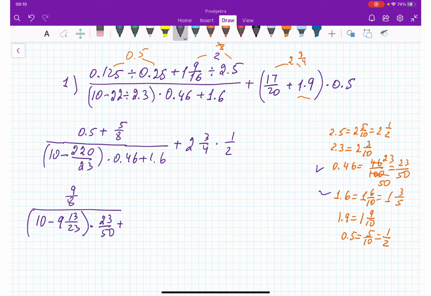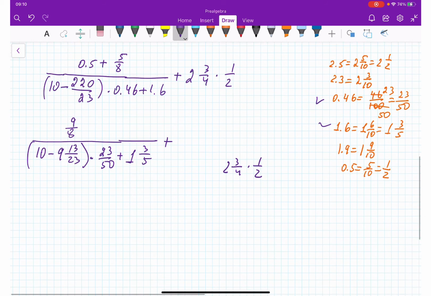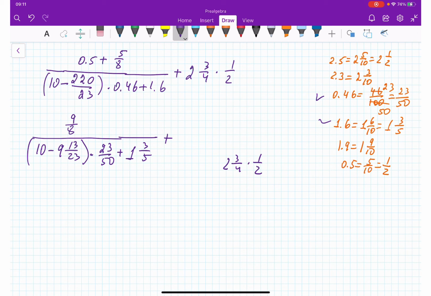It's here, 1 and 3/5. Okay, plus, well, we can multiply 2 and 3/4 times 1/2. So 2 and 3/4 times 1/2, 2 times 4 is 8 plus 3, 11 over 4 times 1/2. It's going to be 11 over 8.